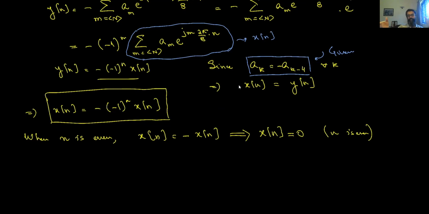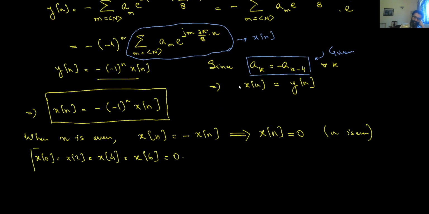8 values आई थी मुझे because the period was 8. Out of those, I've determined the 4 values, and so x of 0 is equal to x of 2 equals x of 4, which is equal to x of 6, and all of these values are zeros. What about the odd values?